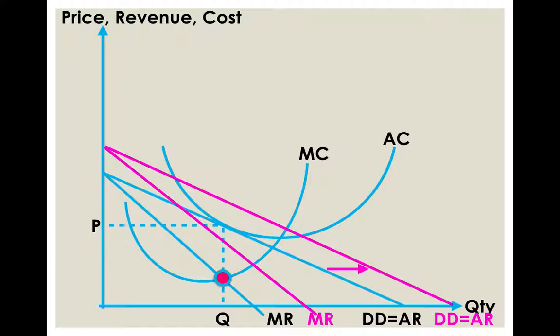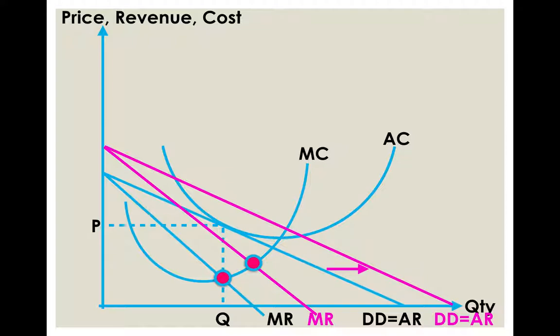Now, when there is a change in the demand and the MR curves, there will be a change in profit equilibrium because now there is a new MR curve, which means that there is a new point whereby MR equals MC.